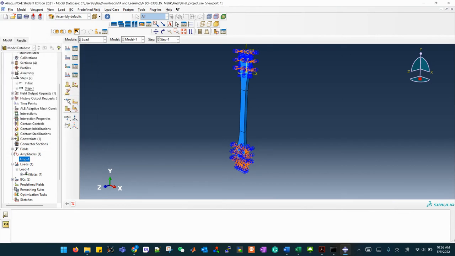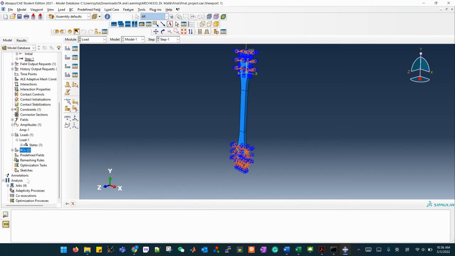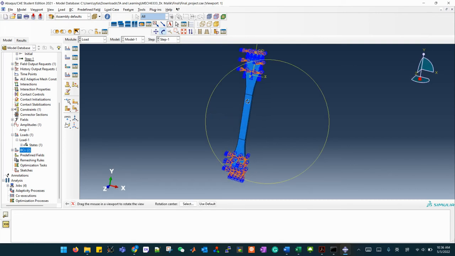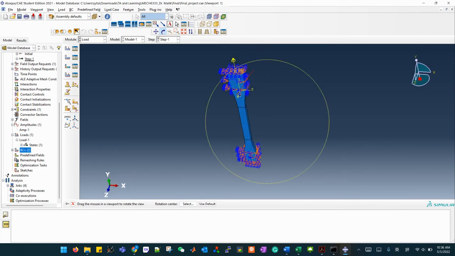And the last one is the boundary conditions, which are shown here. This whole part was divided into several regions. Here is the stretching region, and the two ends are the fixed region because those materials are actually fixed by the gripper during the tensile test, so they are not allowed to move.